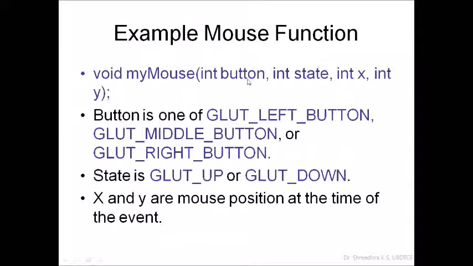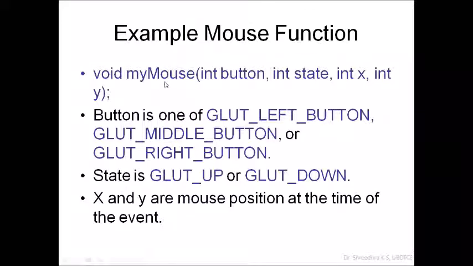Now you catch this. The third and fourth parameters are with respect to the window: what is the position of your mouse on your screen? What is the value of X and Y? Once again, the Y value should be flipped to get exactly your coordinate system into your program. X and Y are the mouse position at the time of the event which you are catching.